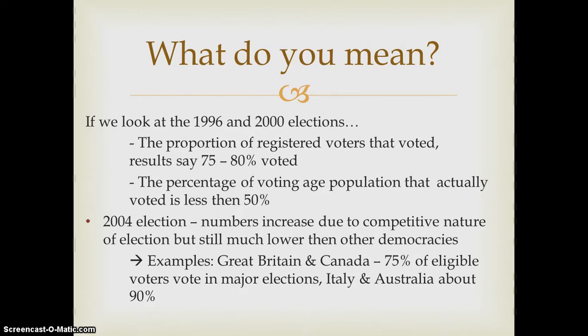More recent anomalies would be the 2004 election. The 2004 election had a little over 50% of the voter turnout, but this is still incredibly low when you compare us to other democracies, and you can see some nice statistics down below, especially Italy and Australia, which boast about a 90% voter turnout rate, and they're talking about percentage of eligible voters.